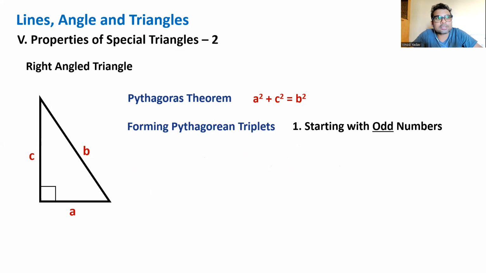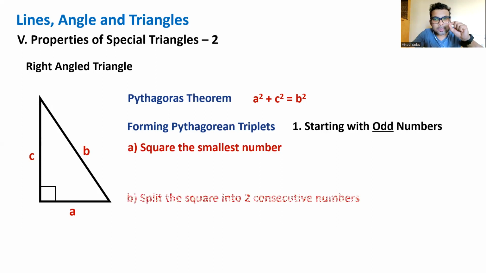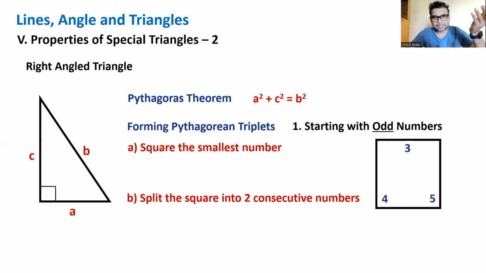So let's first understand this in two categories. First, beginning with odd numbers. Whatever number you're beginning with, that is going to be the smallest. So square that smallest number. So 3 square is 9. Then split that 9 into two consecutive numbers, means you have to find two consecutive numbers whose sum is 9. So 4 and 5. This is the triplet: 3, 4, and 5.